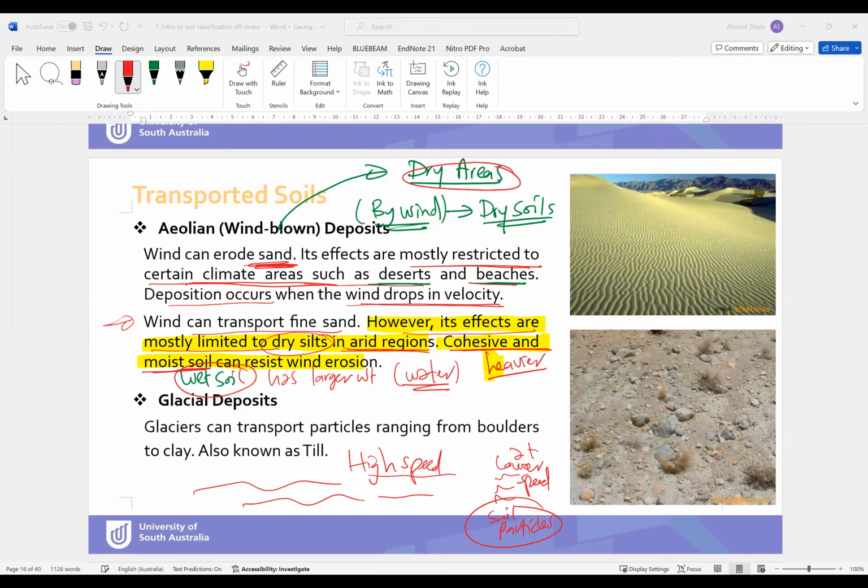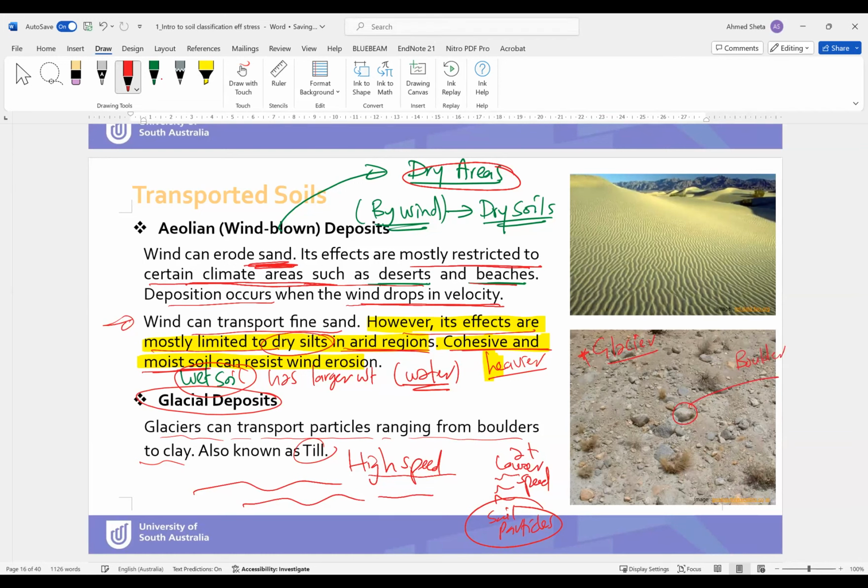Okay. The last type of transported soil is glacier deposits. Glaciers can transport particles ranging from boulders to clay, also known as till. If we look at this image here, this is soil moved by glaciers. As you can see, we have bigger size soil, which is called boulder.